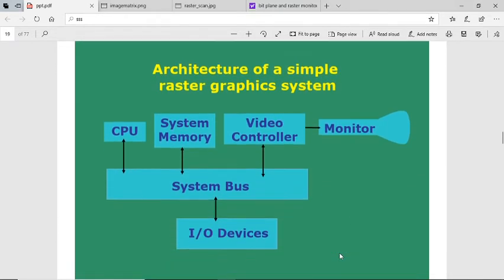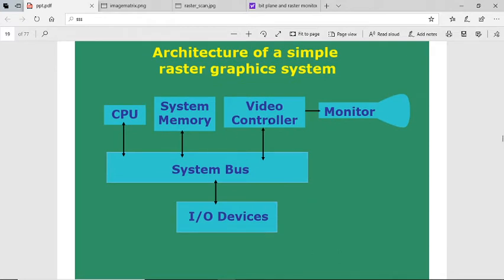Let's see a basic architecture of the raster system. It is almost the same as the random system. This is the system bus. Any computer system has a CPU. The CPU talks to other components with the bus. There are input output devices, an output device called a monitor, and memory. The refresh buffer is a part of the system memory.